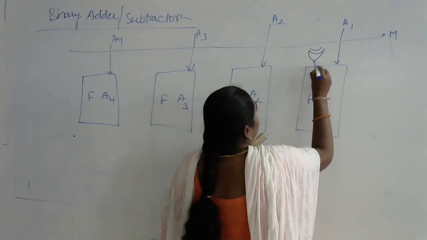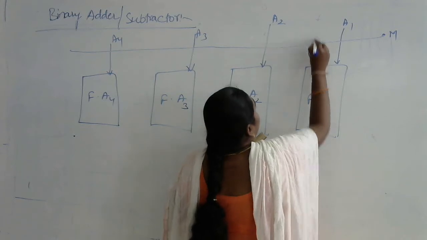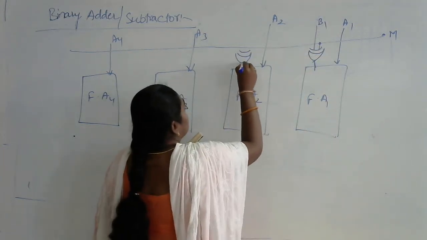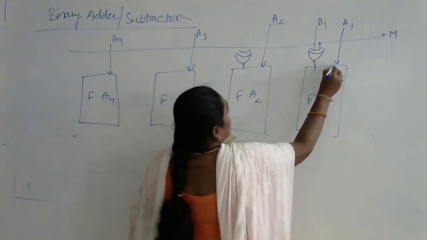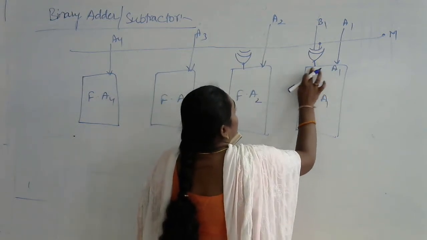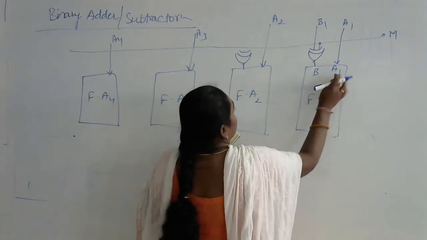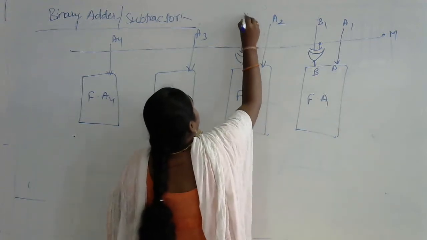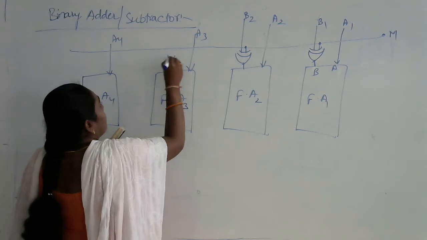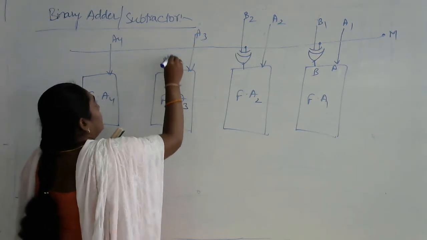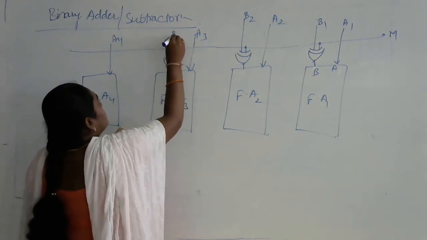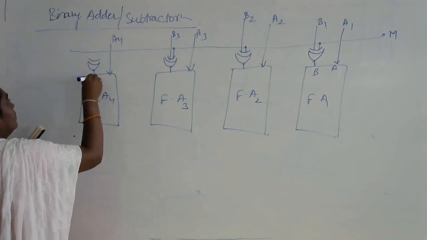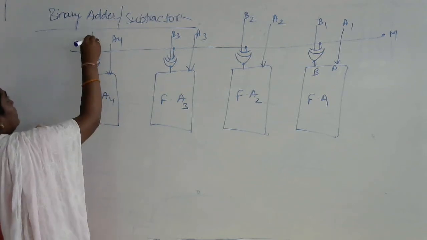One input of the XOR gate is M and the other input is B. Similarly for all the full adders, this is A1, this is the next input B. One input is M, next input is B. This is M, this is B3. M, B4.